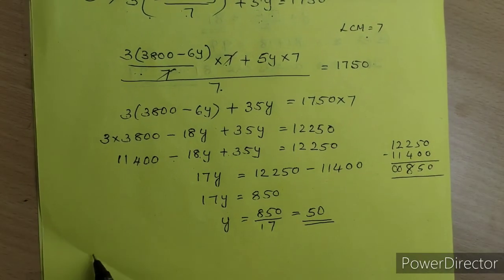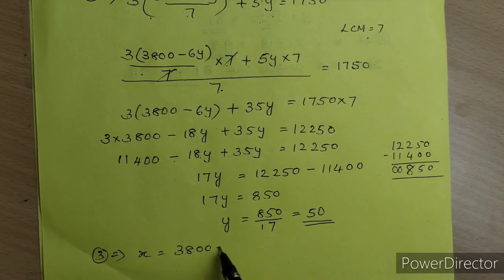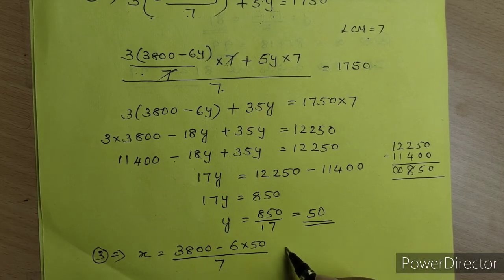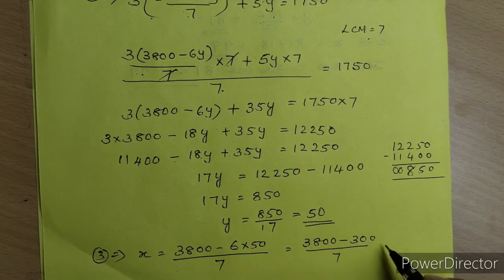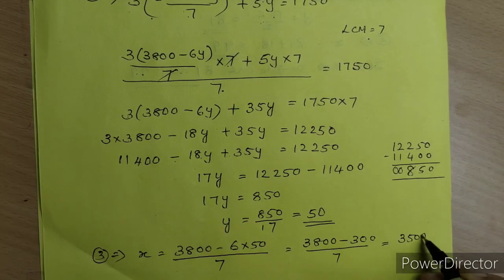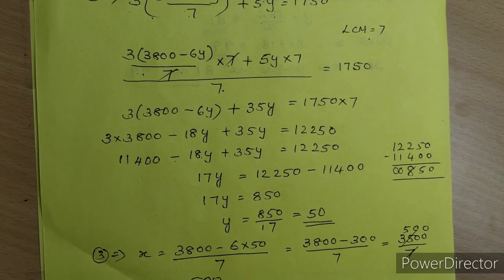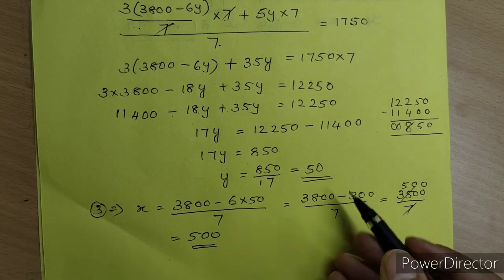Substituting in the third equation gives x is equal to 3800 minus 6 into 50 divided by 7, which is equal to 3800 minus 6 5s are 30, 300, divided by 7, or 3800 minus 300, it is 3500 divided by 7. Cancel it. 5 times 0, 0. So x value is equal to 500. So x value is 500 and y value is 50.